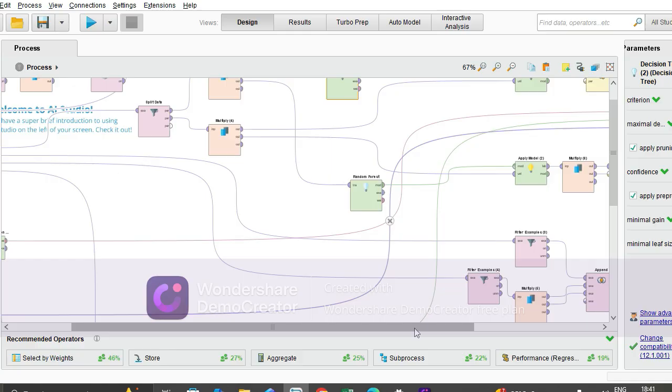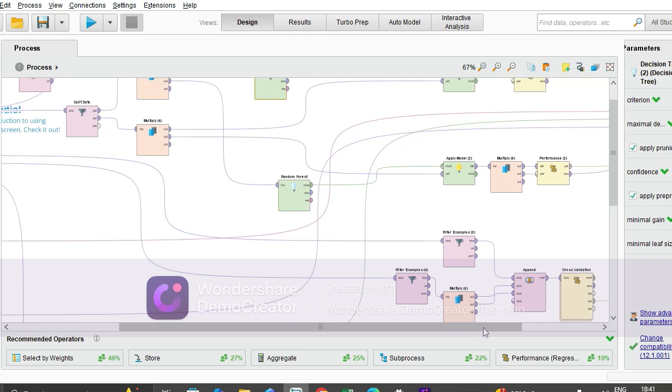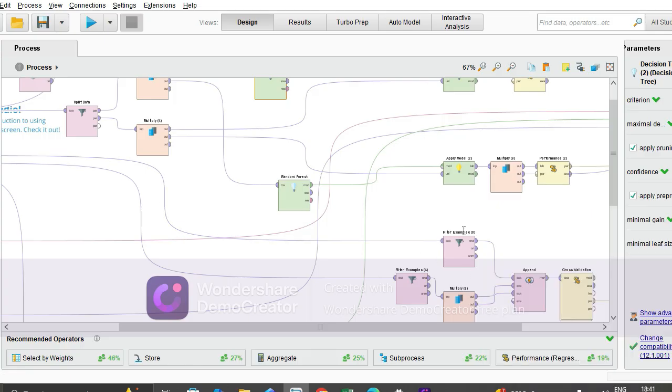I made a pipeline here: filter, multiply and append. I filter the data based on the outcome, those who have diabetes and those who have no diabetes. After filtering I append the patients who have diabetes.